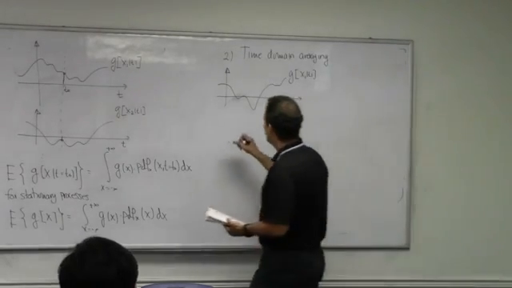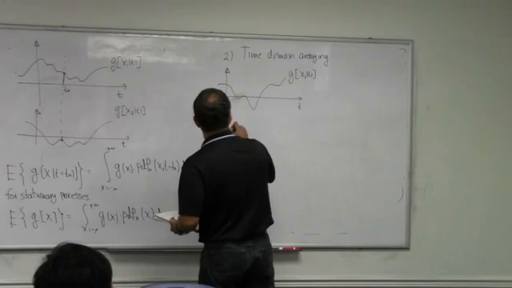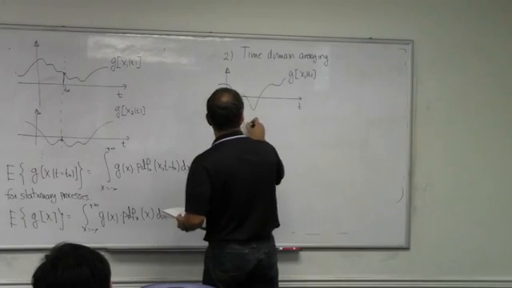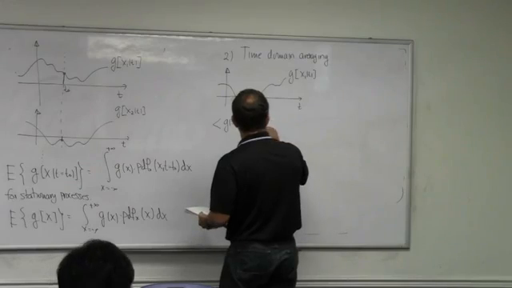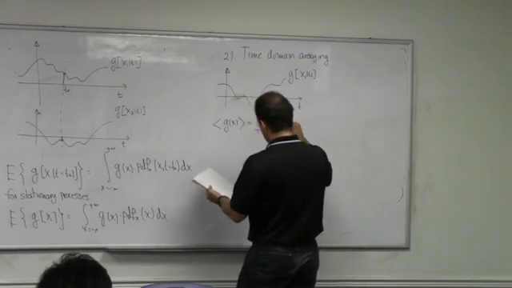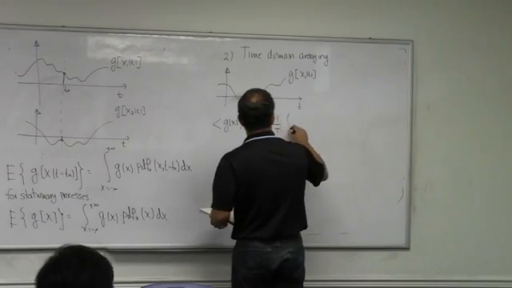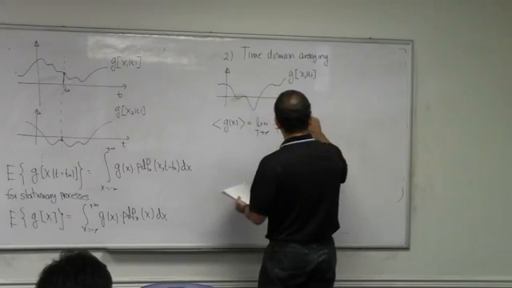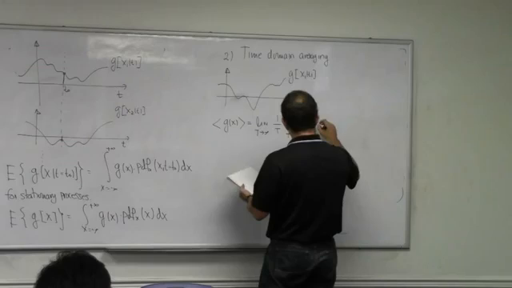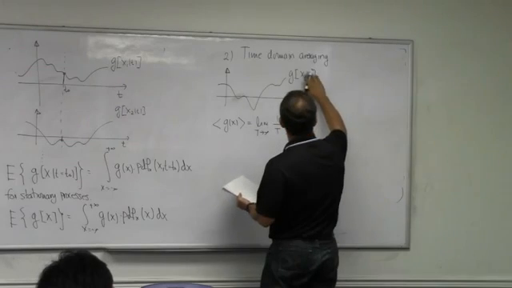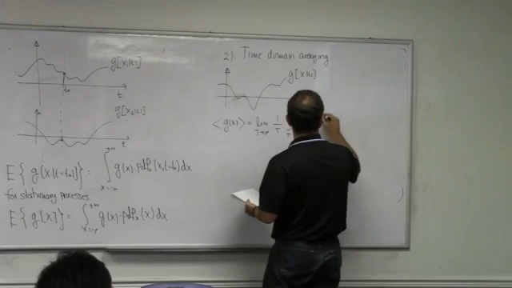Then I can define a time domain average of g(x) as a limit when T goes to infinity of 1 over T, integral over T, of g(x(t)).